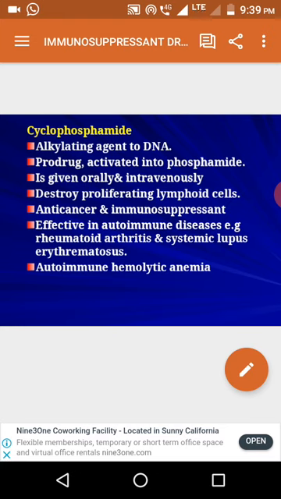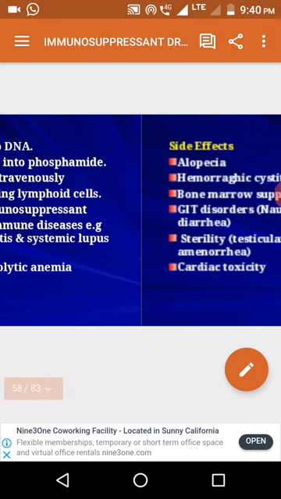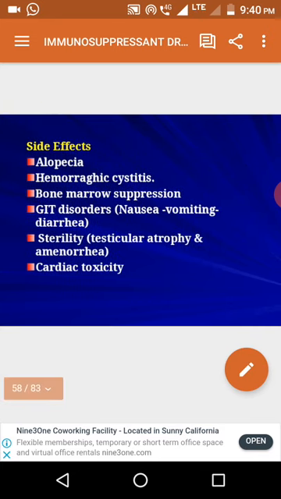With this there is destruction of proliferating T lymphocytes and proliferating lymphoid cells, so that no production of proliferating cells occurs. It suppresses both cellular immunity and humoral immunity. Side effects are the same as those of the previous drugs.